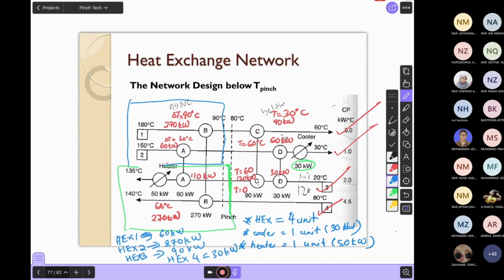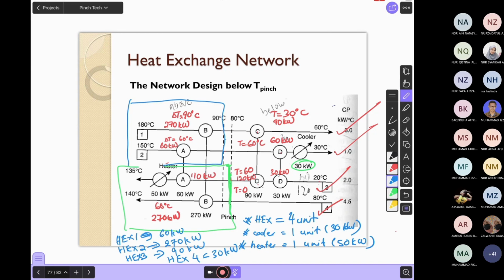To design the utilities required for the whole plant. So this is one of the examples of streams that you have in the plant. You only have 4 in this case, but in the real plant, you have many streams. So you have to know which one is the major stream, which one is the minor stream. Okay, so by looking at that, you do the analysis. How much energy is required for your utilities?